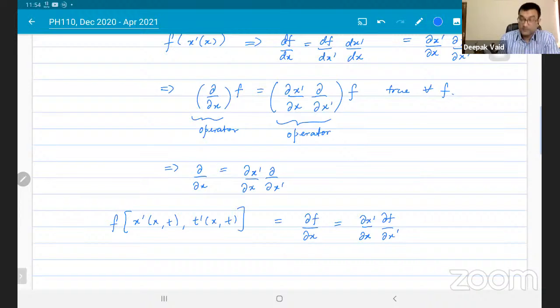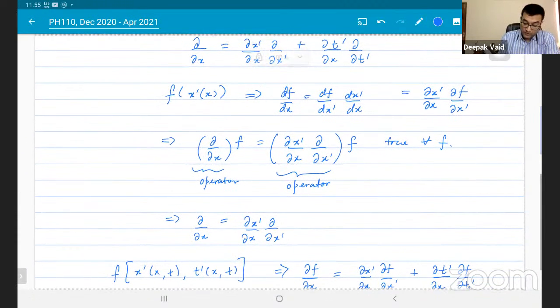And x prime and t prime are both functions of x. So then I will get two terms here: d of x prime by dx and d of t prime by dx, and then df by dt prime, like this.